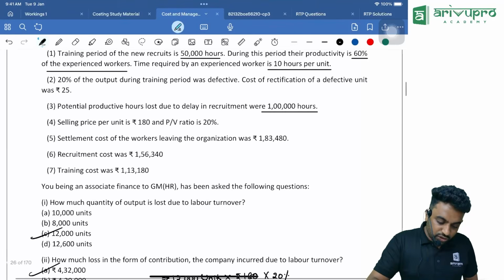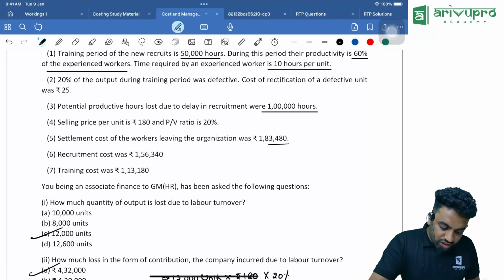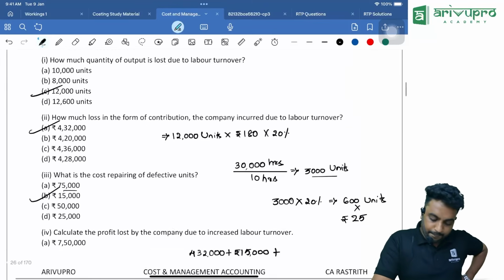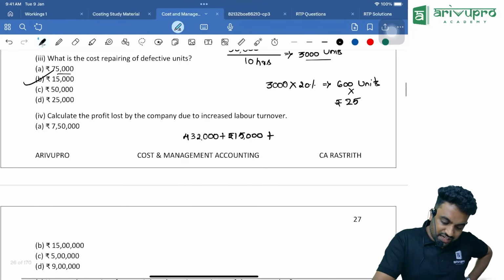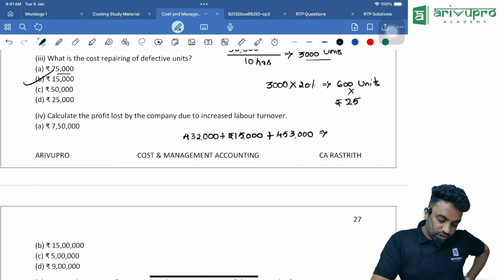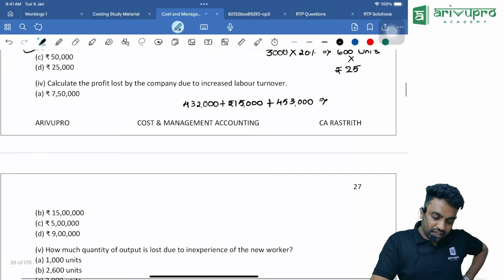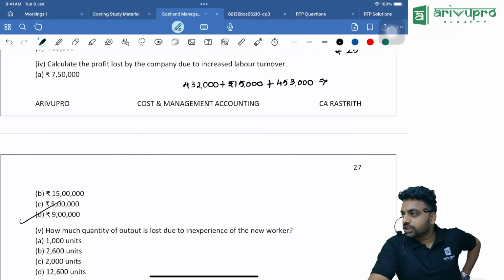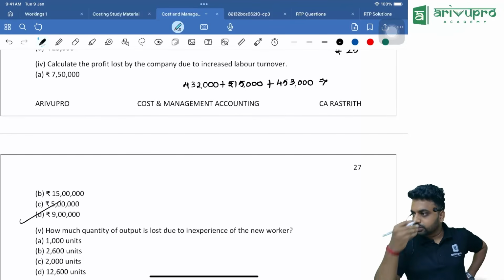Plus due to your settlement cost, recruitment cost and training cost, how much are you losing together? 4,53,000. Total, please. So, as a company, you are losing 9 lakh in total. Profit lost is 9 lakh. Is it clear? Any doubts?